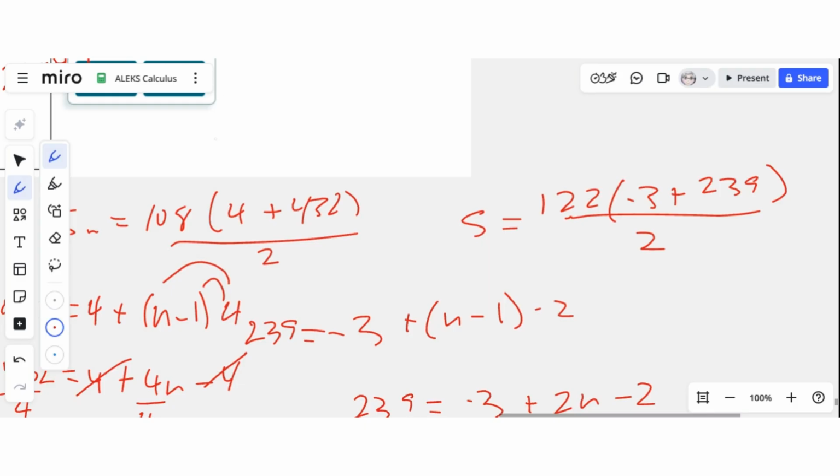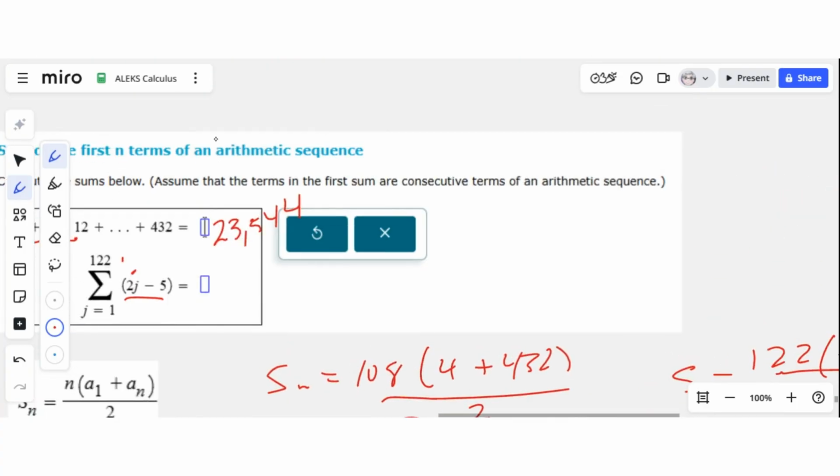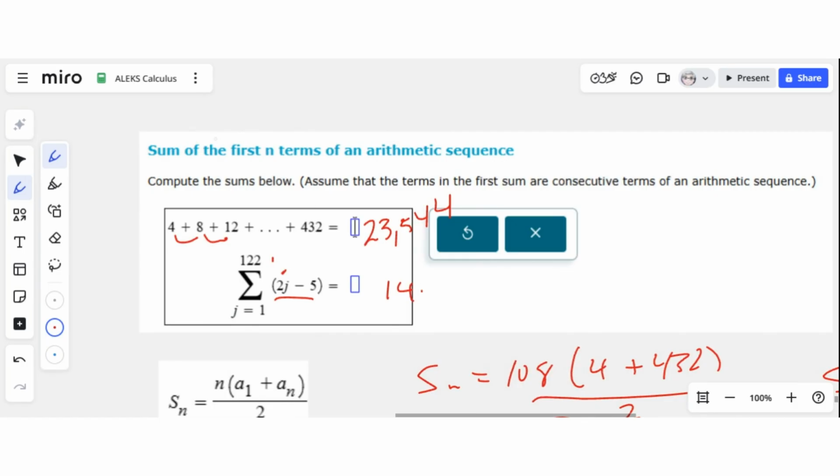So I've got -3 plus 239, and we're multiplying that by 122, and then dividing by 2. And what I'm getting there is 14,396. So that is a little bit of work with arithmetic sequences and finding the sum of their terms.